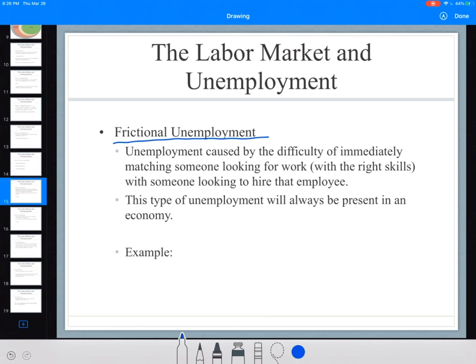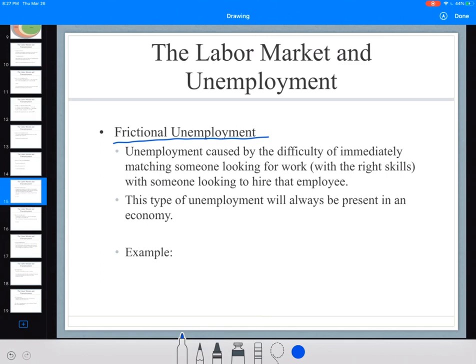Right? It'd be nice if that happened. It does not work that way, right? If someone wants to find a new job, they first got to go clean up their resume, go and post it some places. If they know someone who works at a company, they can send it to them so they could possibly pass it on to the hiring folks. Right? All of this takes time, okay? And that's what frictional unemployment is.